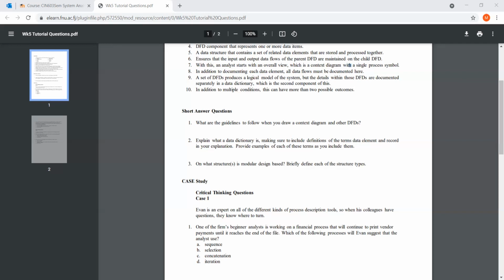Until a specific condition changes. Full stop.